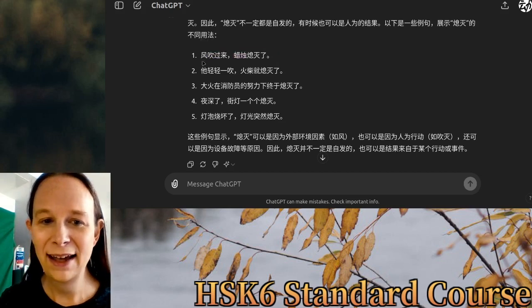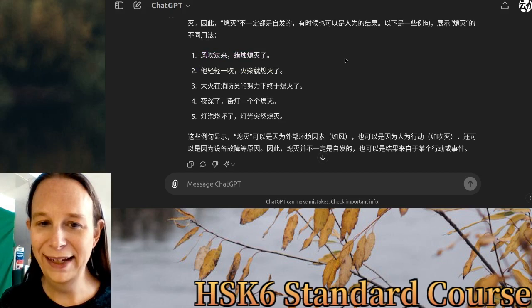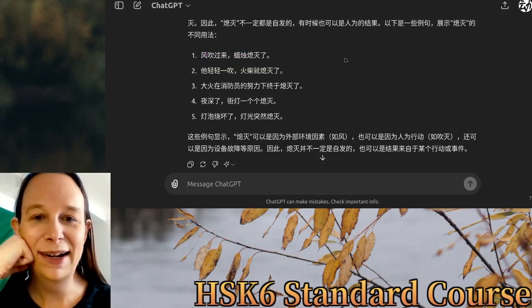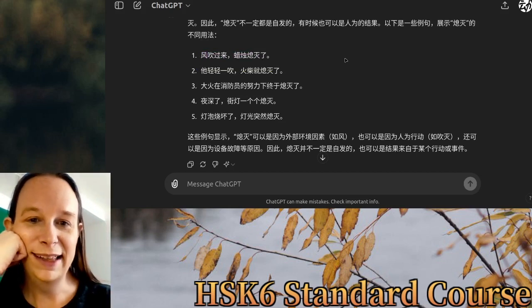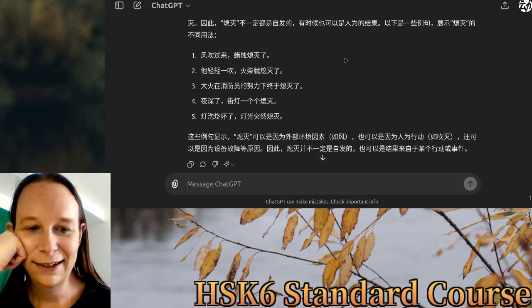It was blown out, but it doesn't directly say the wind blew it out. It could just be there was a wind and the candle went out for an alternative reason.